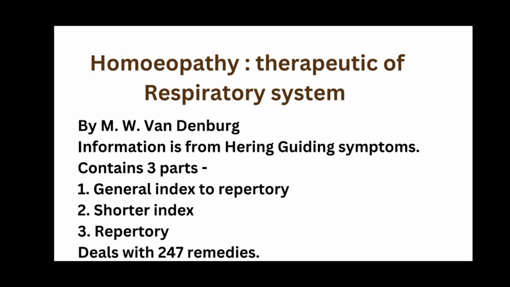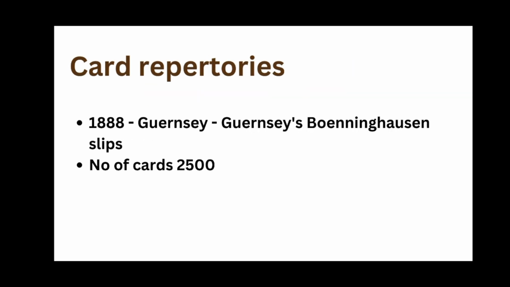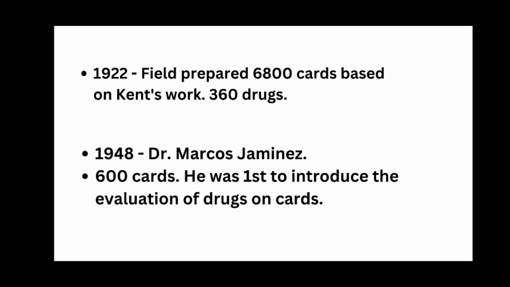We will discuss some of the points regarding card repertories too. So, there are important card repertories published in 1888 by Guernsey, Bonning Slips. The number of cards is a total of 2500 cards used in this Guernsey Bonning slip. Next, in 1922, Field prepared 6,800 cards based on Kent's work.